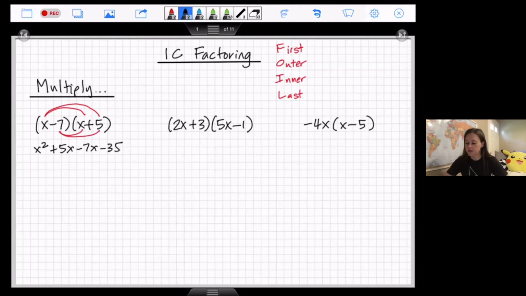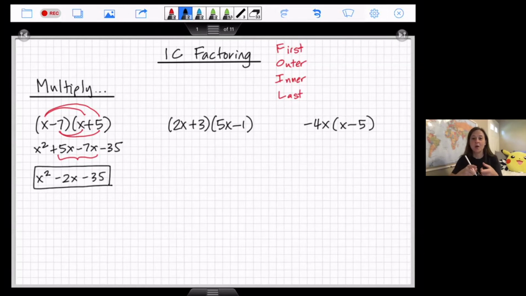All right, so the OI of the FOIL is always the part that gets mushed together when we gather up our like terms. Okay, so we can still see what gave us that from our first terms, then we get minus 2x in the middle, minus 35. In the next video, when we're factoring, we're going to be unpacking that. We're trying to reverse engineer that quadratic into its two factors.